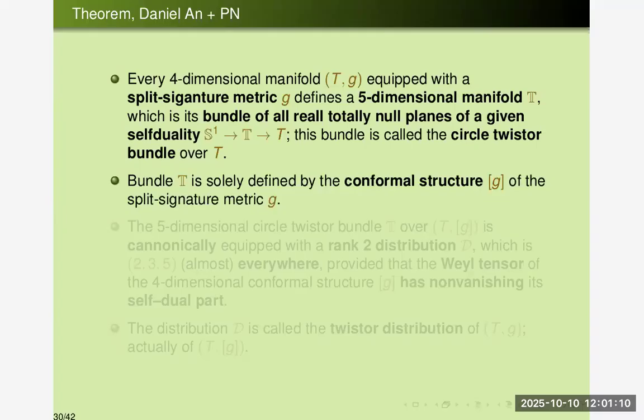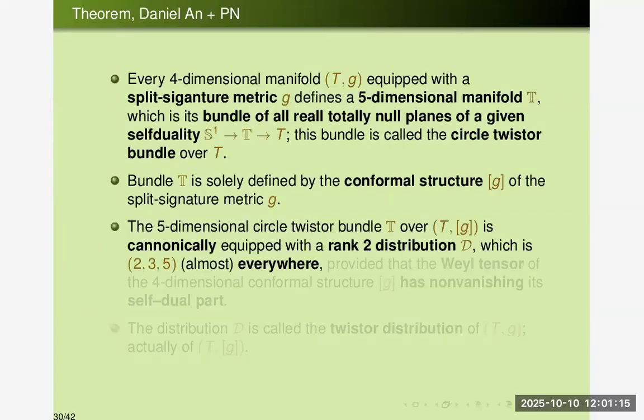So this bundle depends only on the conformal structure of the split signature metric, and this five-dimensional manifold associated with the conformal class is canonically equipped with a rank 2 distribution. It's magic, but it is. So if you give me a four-dimensional manifold with split signature metric, there is a unique rank 2 distribution defined on this naturally defined bundle.